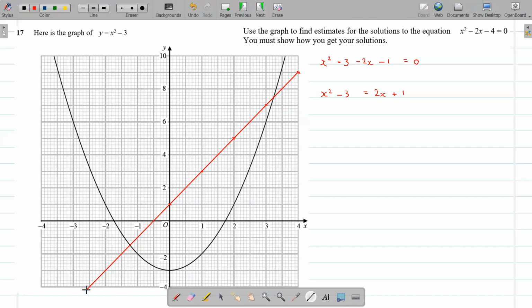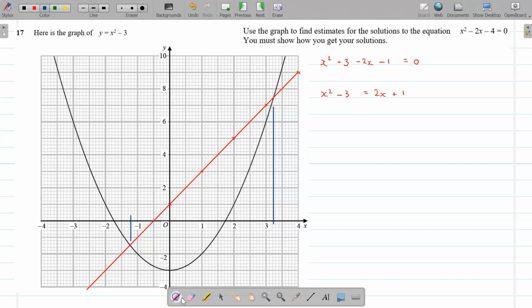Okay, so what I've now created is 2 crossing points, which are the solutions, and I read off the values of x. And I'm estimating, I'll put these in a different color, so I'm estimating that reading that one off there is about 3.2, okay, and this one here is about negative 1.2.